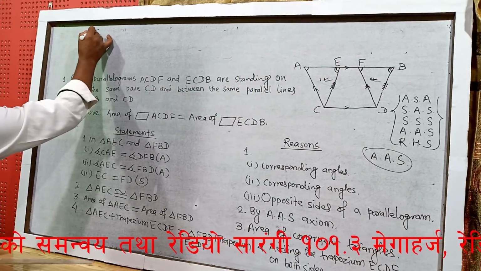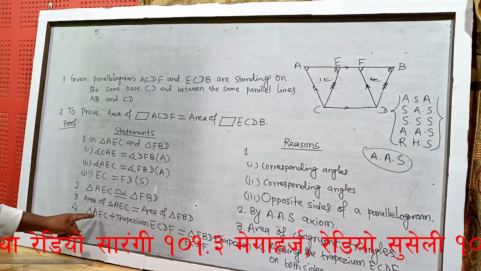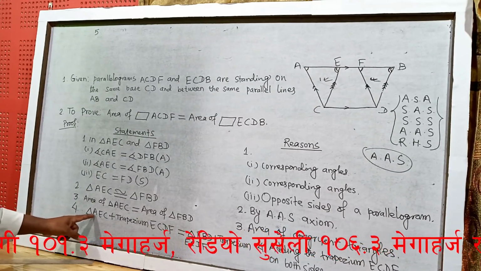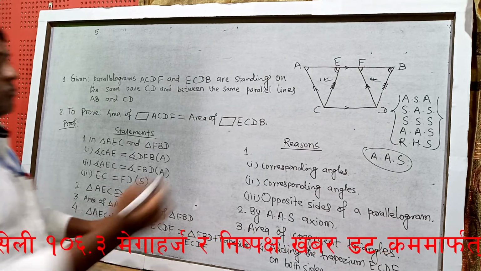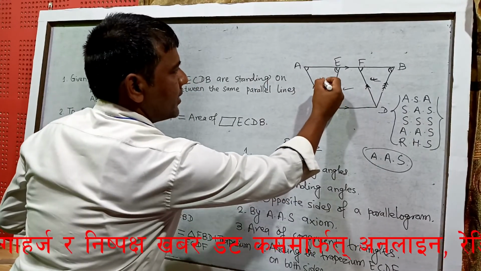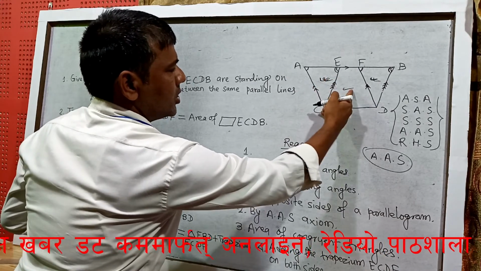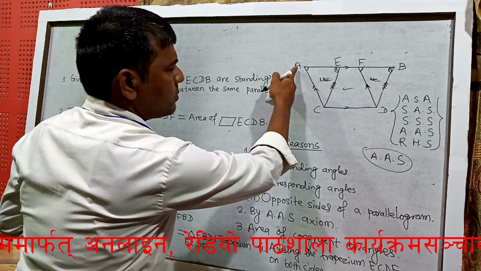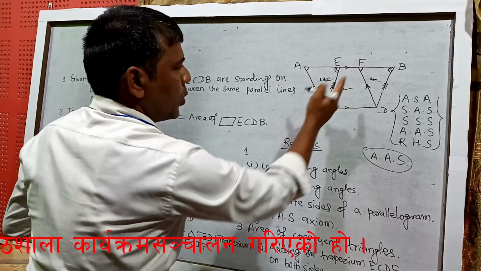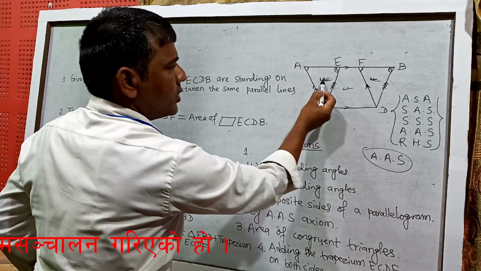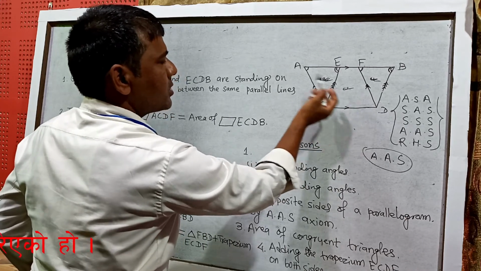Now 5 number. If we add triangle AEC and trapezium ECDF, this trapezium is added to this triangle, then what happens?